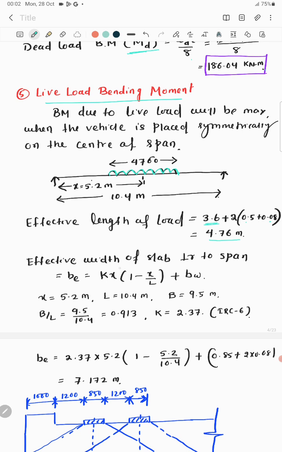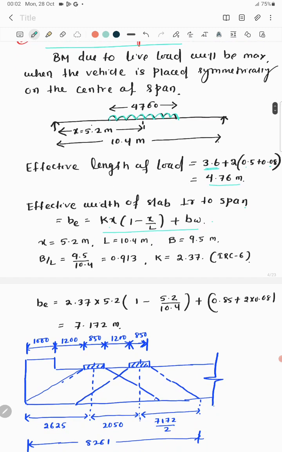Now the effective width of slab perpendicular to the span is given by the formula B is equal to kx(1 minus x by L) plus bw. This is also given in IRC 6 that we have already discussed, and x is the distance from the center of the live load to the edge. So for this case, this is 10.4 by 2, that is 5.2 meter, length is 10.4 meter, width is 9.5 meter.